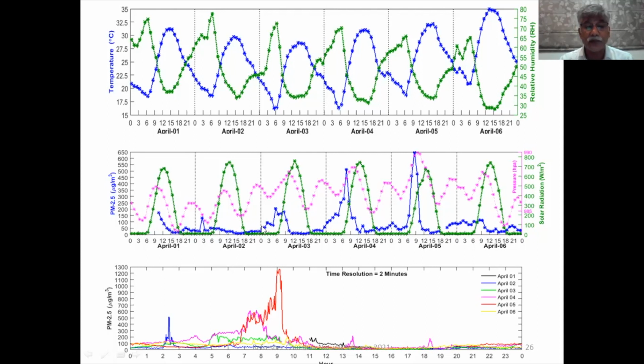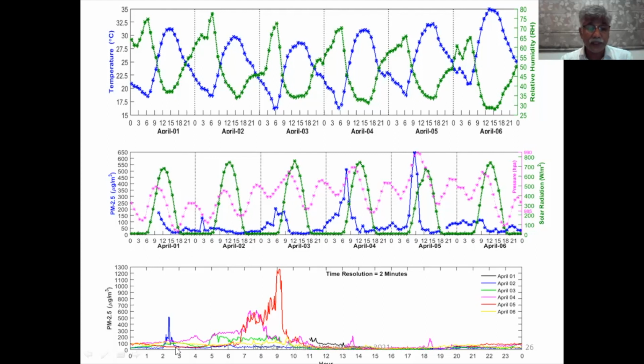This is PM 2.5 variability and day-to-day variation, which you already saw in the previous graph. And the bottom panel is very high resolution, 2 minutes interval on different days, and we have plotted this on a 24 hour time scale.